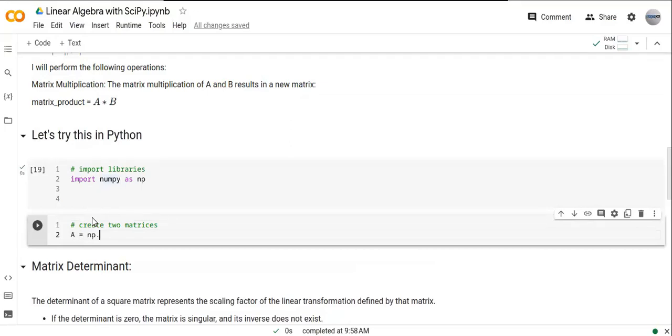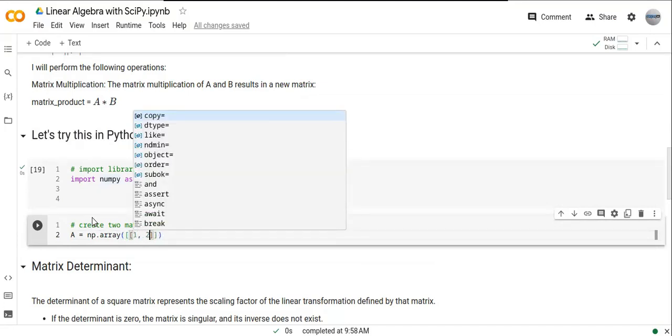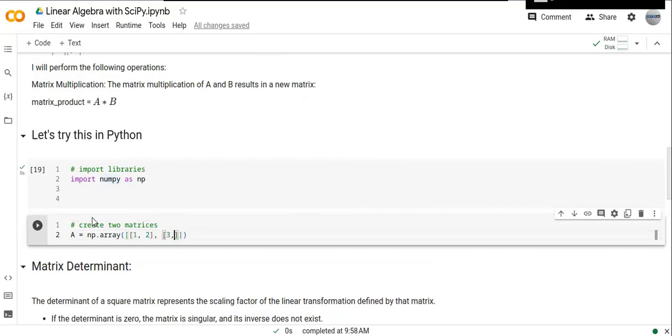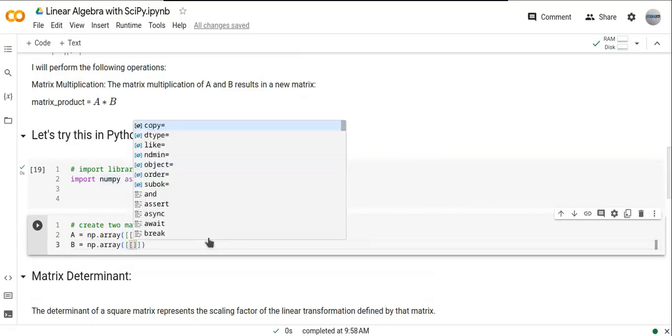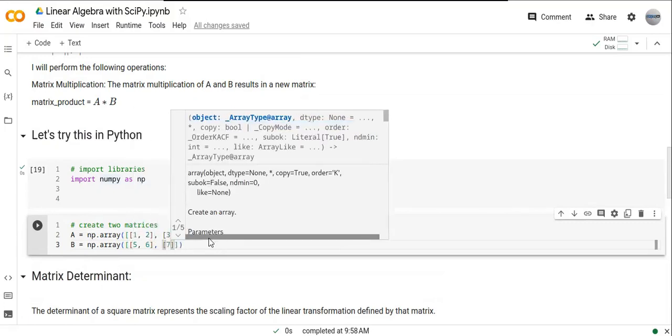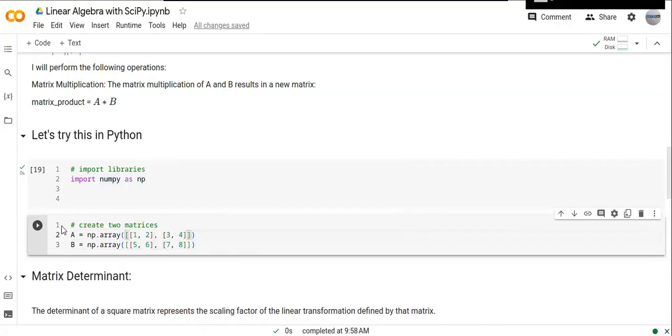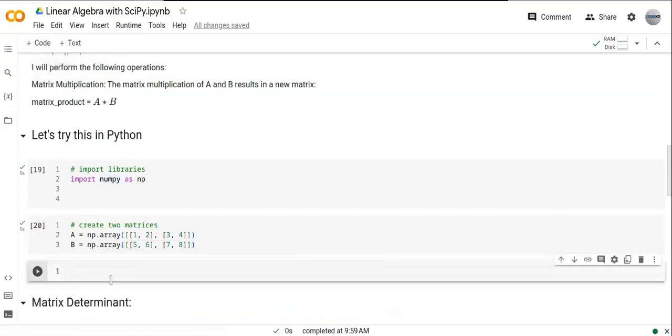Matrix A is np.array 1, 2 and 3, 4, and matrix B is 5, 6 and 7, 8. Now I have defined matrices A and B, and I'm going to multiply them and create a new matrix from the product of A and B.